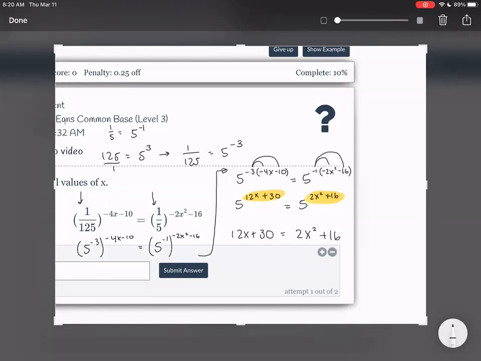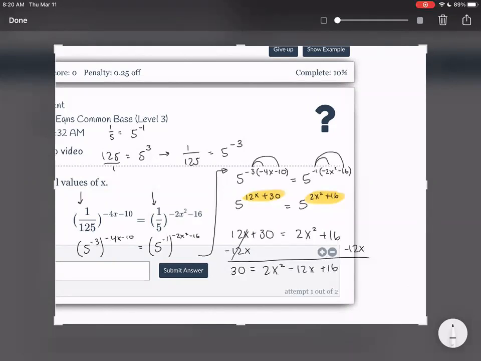Notice that you're going to get a quadratic equation, which is totally okay because you can just do the x factor and then solve for the x. But before we do that, we must bring everything to one side. So I'm just going to subtract the 12x. Those will cancel out. We get 30 is equal to 2x squared minus 12x plus 16.